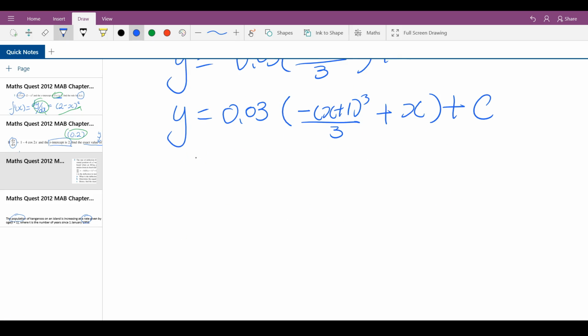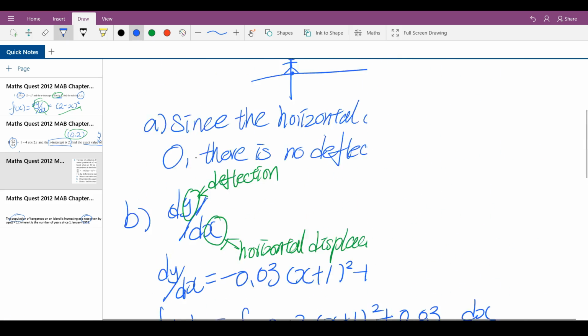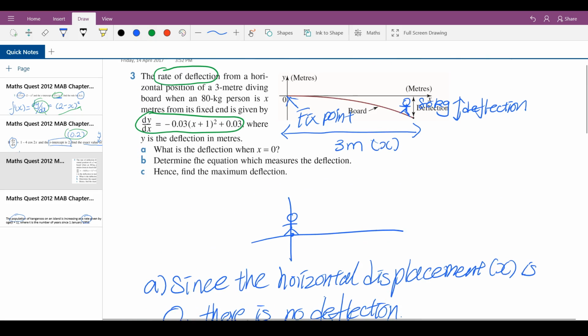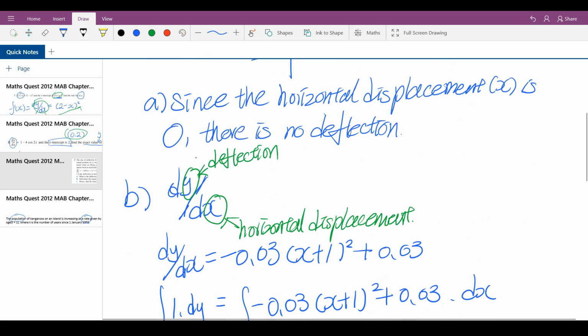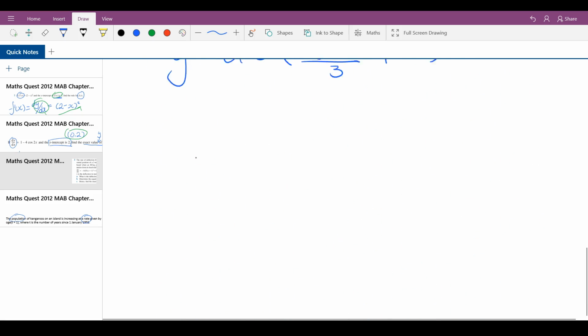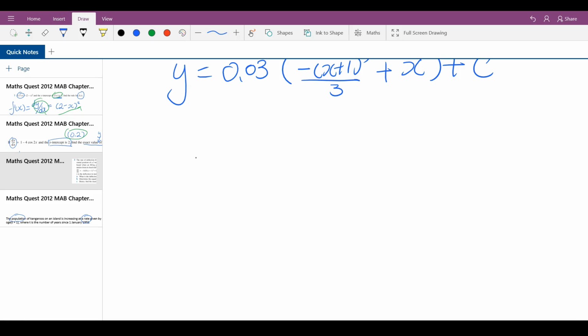Right, to find out the c, remember in question A, it asks us what is the deflection when x is equal to 0. And we gave that answer, well, the deflection will be 0. So we can use that as a coordinate to substitute into the equation we got here to figure out c. So we know that when x is equal to 0, there's no deflection, so y equals 0.